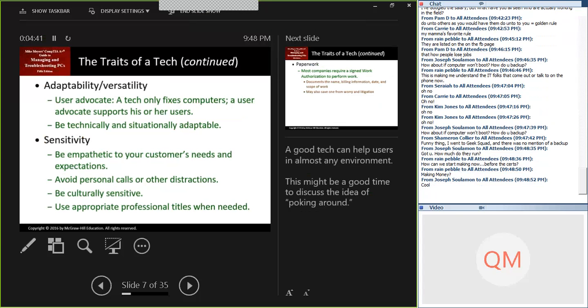Adaptability and versatility. User advocate. A tech only fixes computers. A user advocate supports his or her users, and they look at you like, you're the person that can help me. And when it comes to being technically and situationally adaptable, flexibility and adaptability is huge, right?